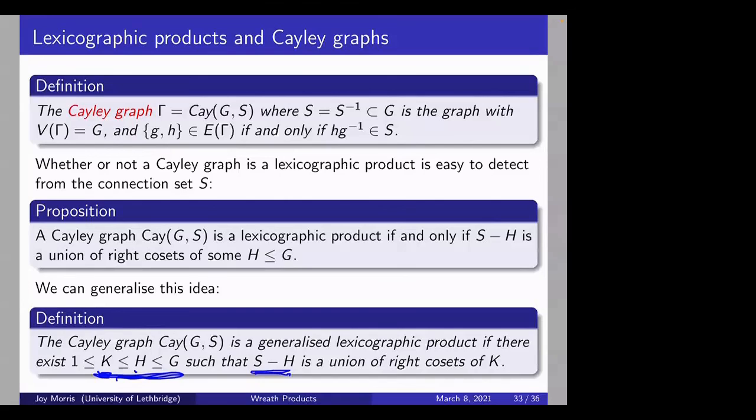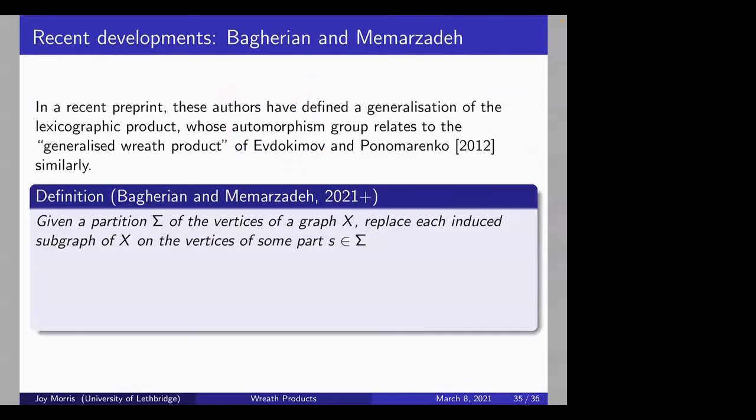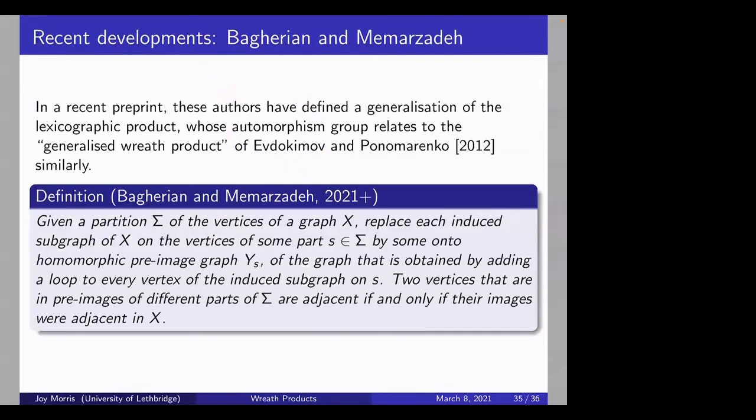We can get these generalized lexicographic products, so they arise naturally in that sort of context. I'm not aware of other contexts in which they have arisen naturally. This definition by Bagherian and Memarzadeh is much more general, and I don't know of a place where these things have arisen in this level of generality. Okay.